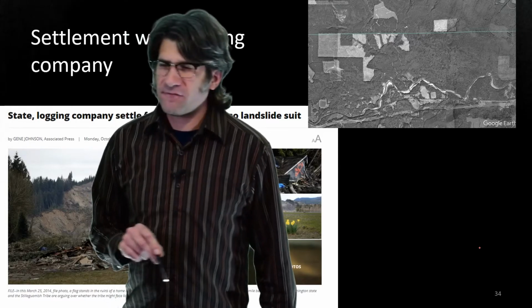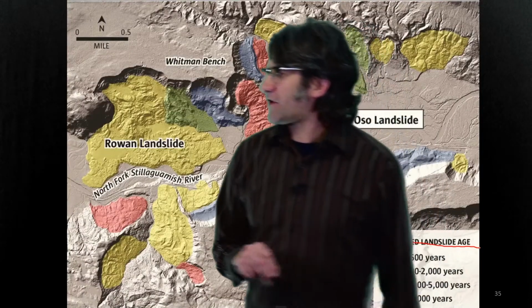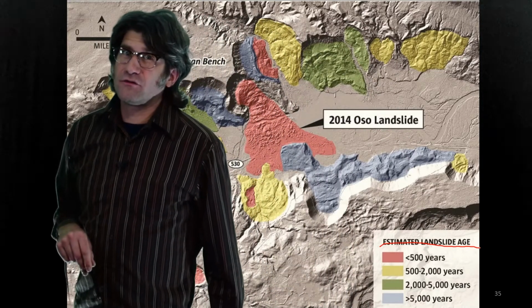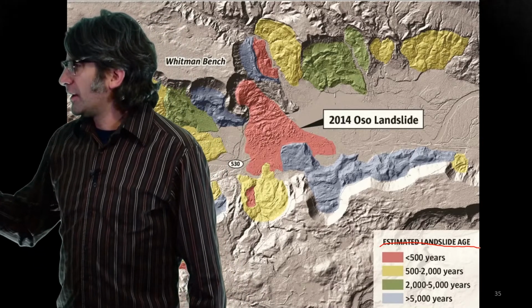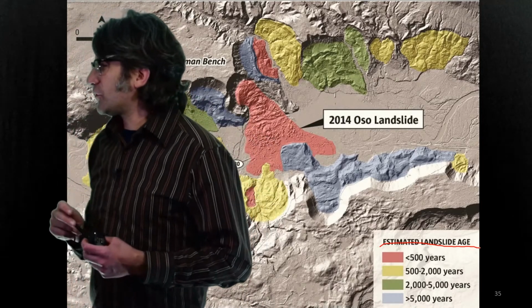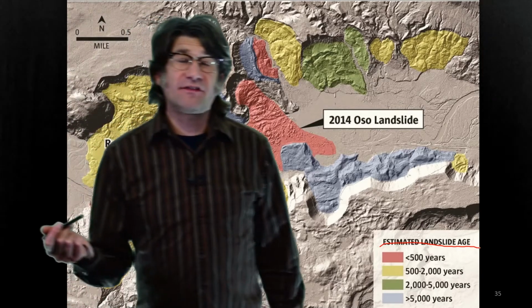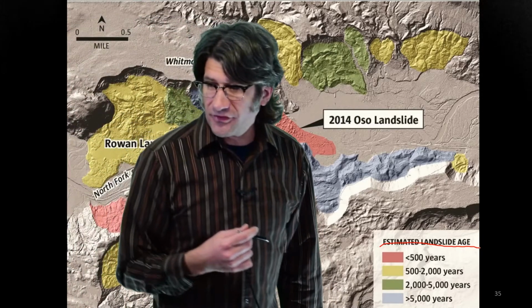Because remember how forested it is. Pictures of all the trees. So how do we make this? Yeah, you got it. Nice job. This is LiDAR derived elevation data. So this is airborne LiDAR, and so we can quote unquote see through the trees. And when we do that, we can see just how unstable the landscape is. And look at all these slides that have occurred over the past 5,000 years.